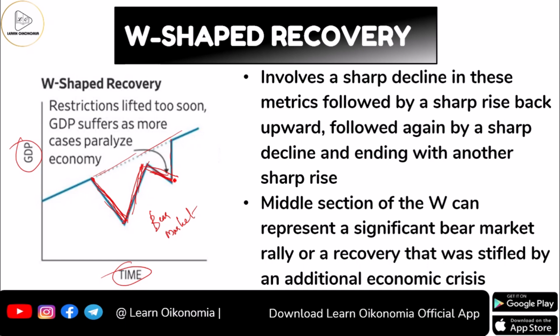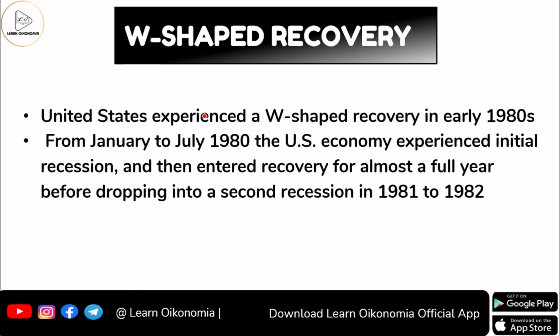Again, the economy would be taking several policies and come up, and that is what we can consider with respect to the W-shaped recovery. I'll give you examples. So this was something that happened during the early 1980s in the US economy. From January to July of 1980, the economy was experiencing something similar to a recession, some initial recession you can say.